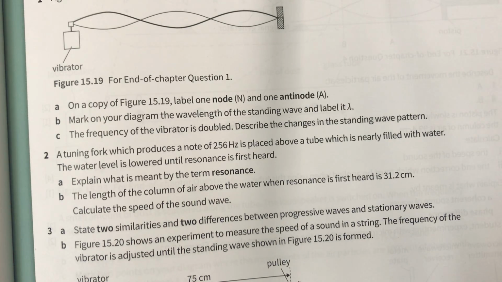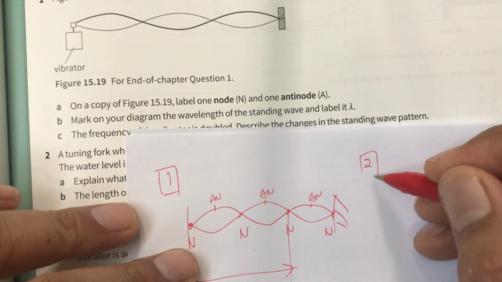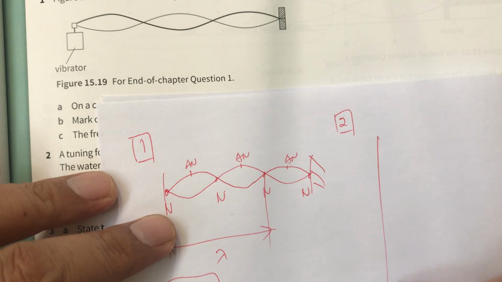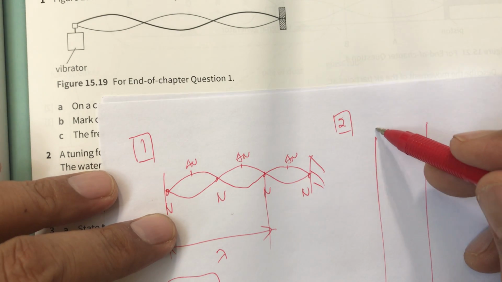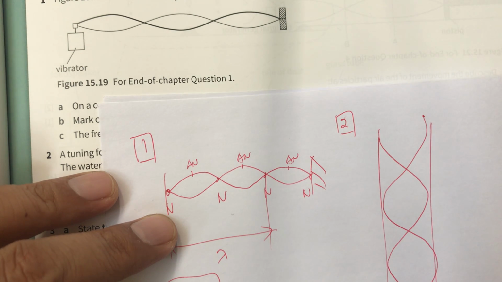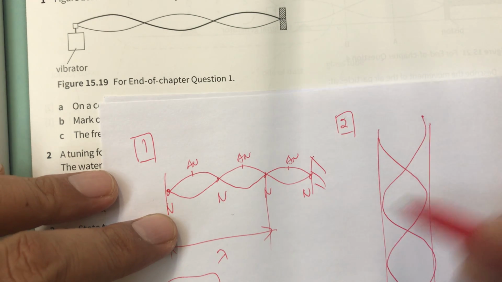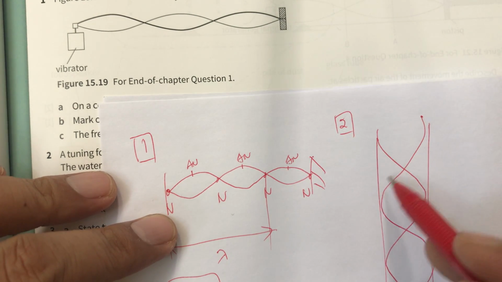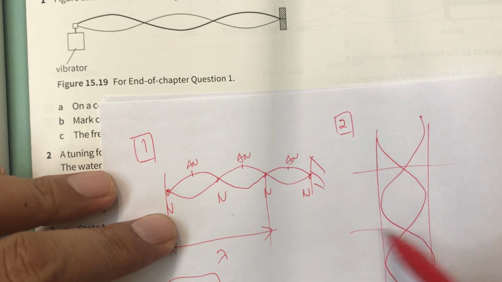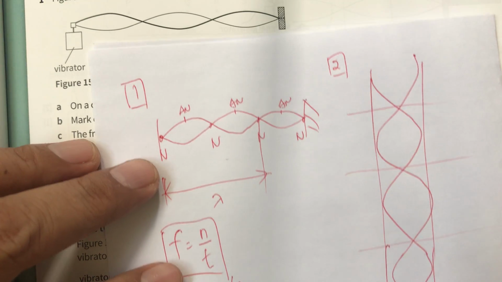If we have an air column, the air column has natural frequencies: this is the first frequency, the second frequency, the third frequency, and so on.